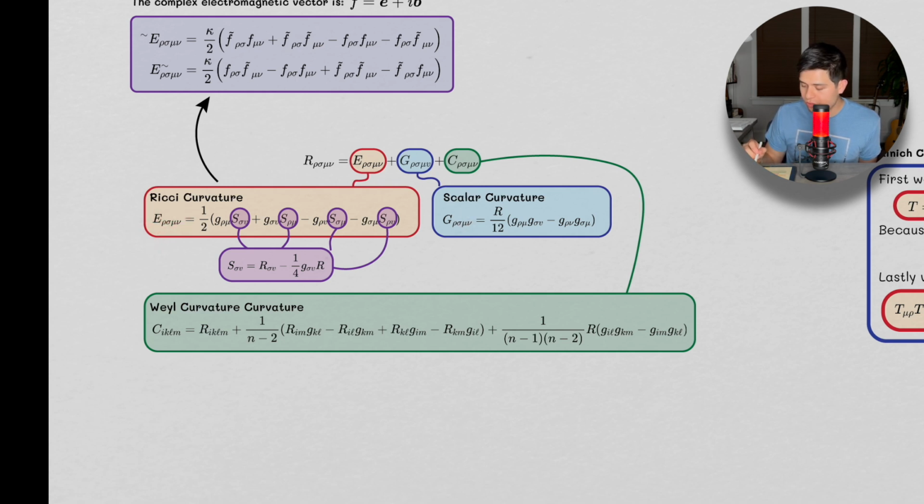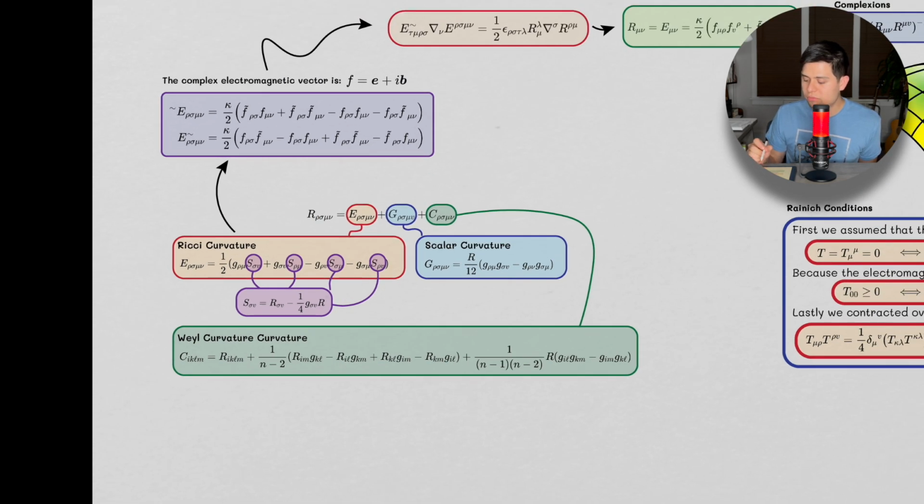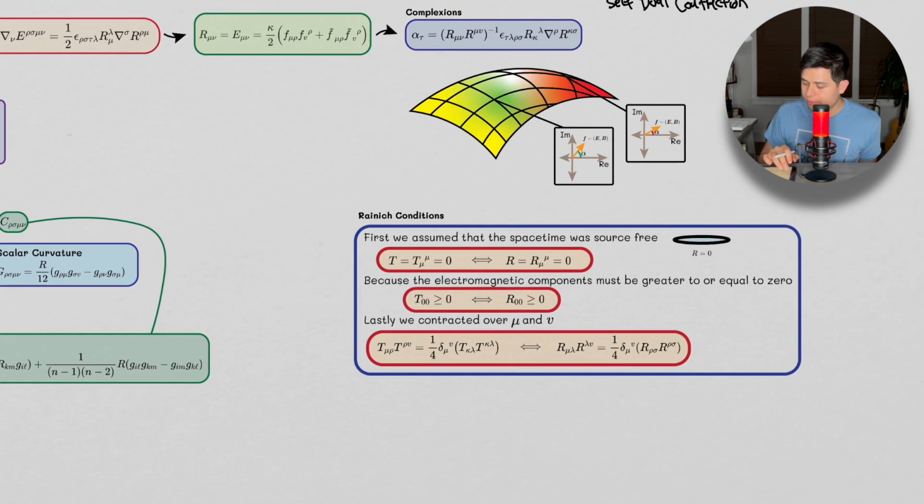Right, so what's nice about these things is that they all have the same symmetries as the Riemann curvature tensor. Okay, and when we came to that realization, we found that we can do some very, very interesting things with these objects regarding making them complex.